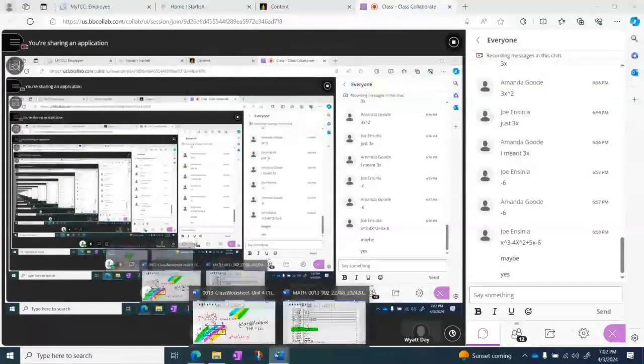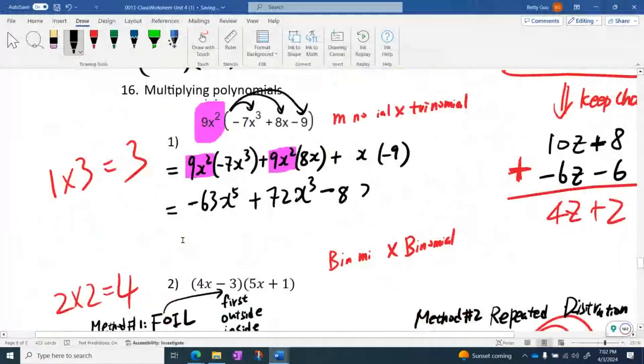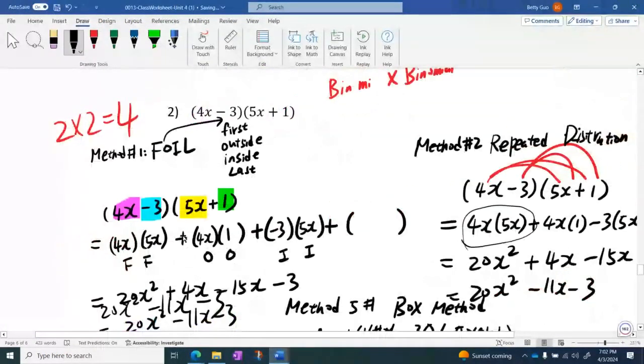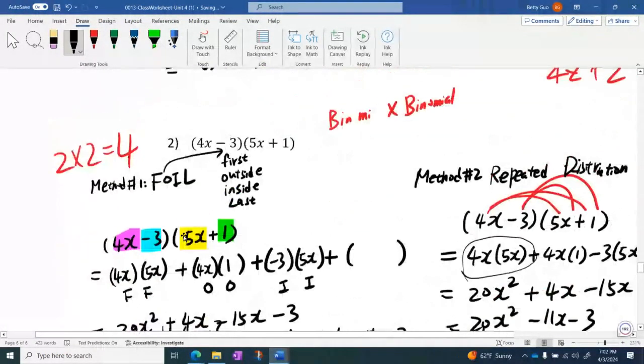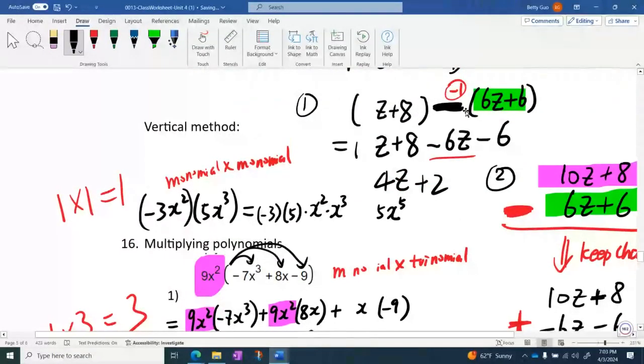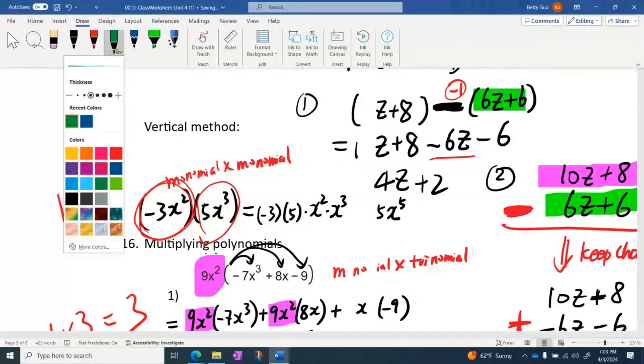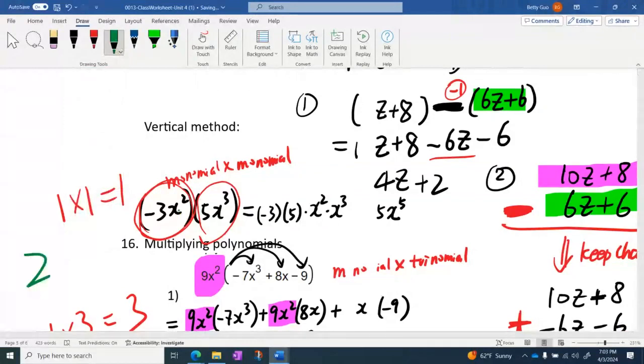Okay, second pattern. Let me show you the second pattern from the monomial times monomial. Oh, it is here. Look at this monomial. Tell me what's the degree of the monomial, and what's the degree of this monomial? Let me change the color. Use the green. The first monomial degree is 2.